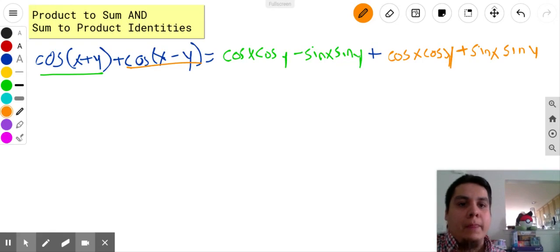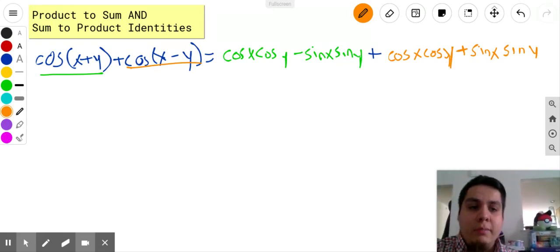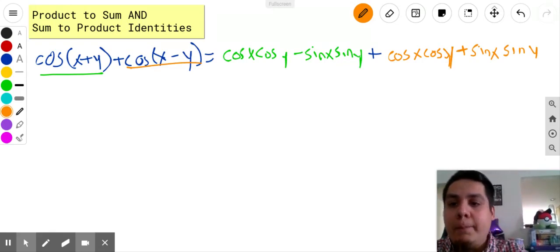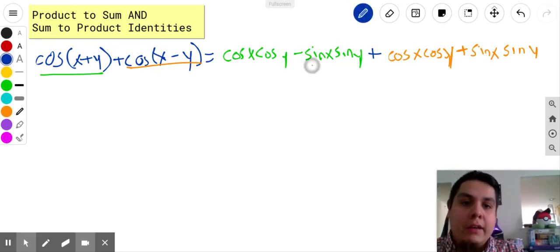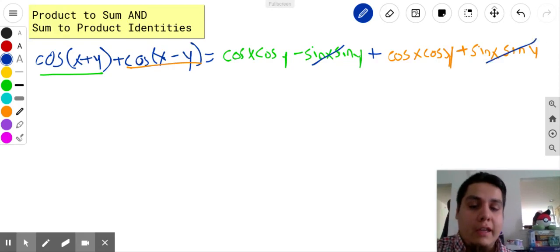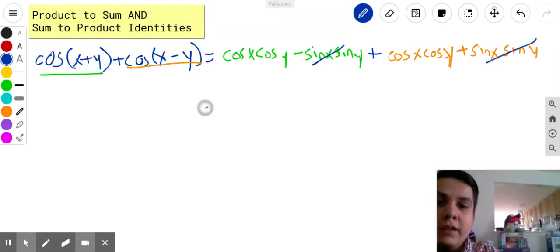All right. And just like we did last time, notice there's still a cancellation that's going to occur. So from here, I can see that the signs cancel out. So this is equal to 2 cosine x cosine y.